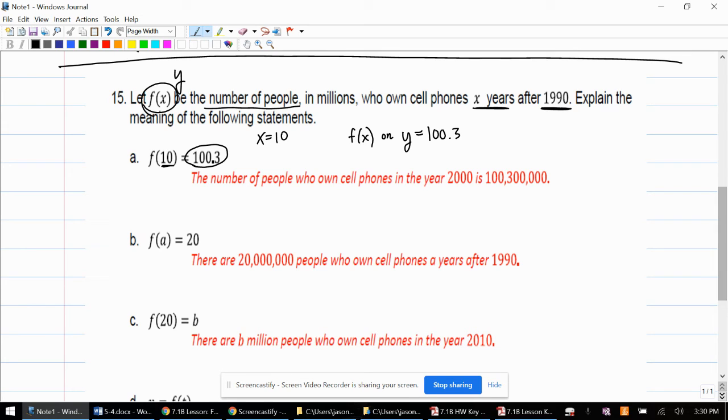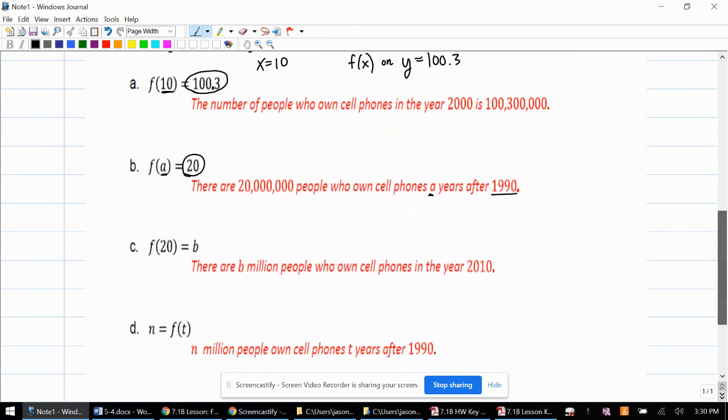And then we'll look at some of these other ones. So this one would mean this is A years after 1990, and that's what they wrote in the answer, that there will be 20 million people who own cell phones. This means 20 years after 1990 or 2010, there'll be B million people who own cell phones.